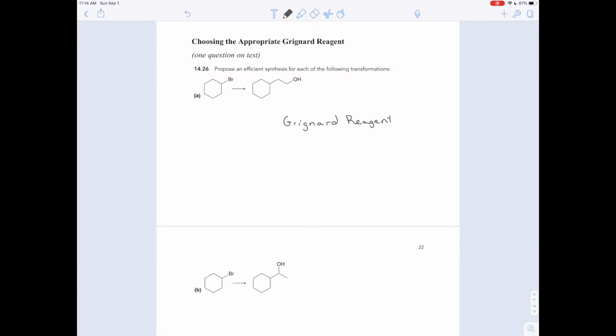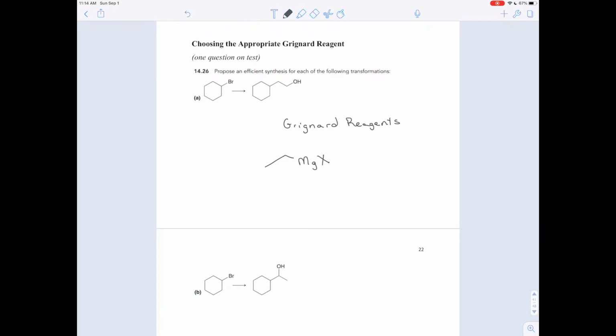You form Grignard reagents when you have a carbon nucleophile. So a carbon, and it's usually bonded to magnesium with a halogen. Now the halogen is usually bromine, but it could also be chlorine. So either one of those. So that X is standing for a halogen.